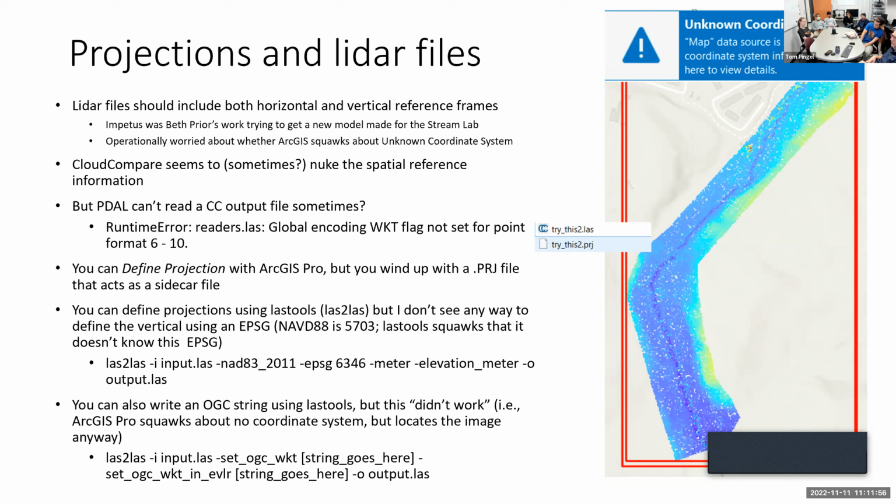So you've got to tag that in there. In the United States, we use North American Datum of 1983, the 2011 revision. And these are things that matter when you're trying to get things located to within centimeters or millimeters, right? This is the level of precision that we're trying to get to. So that's what we use.